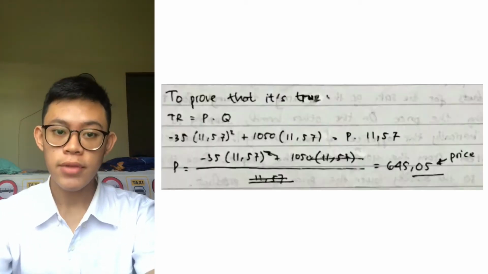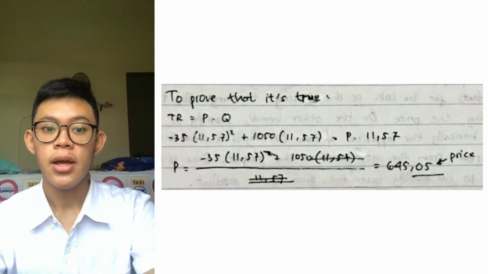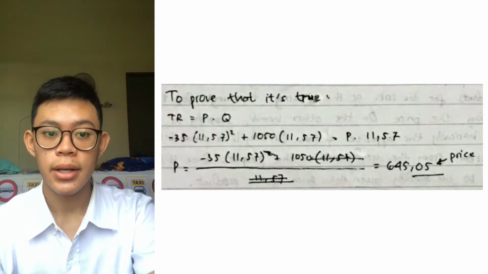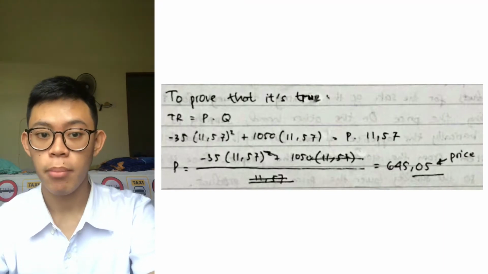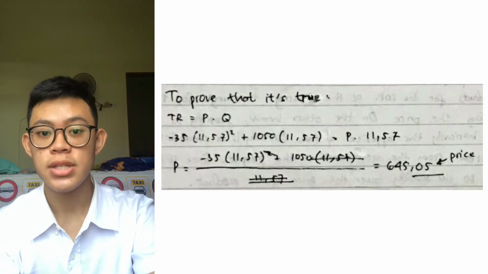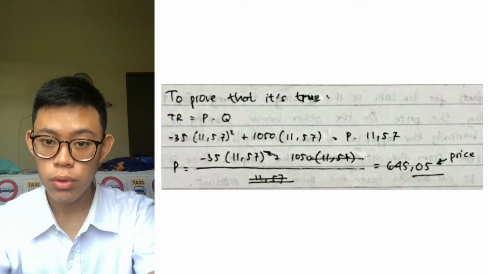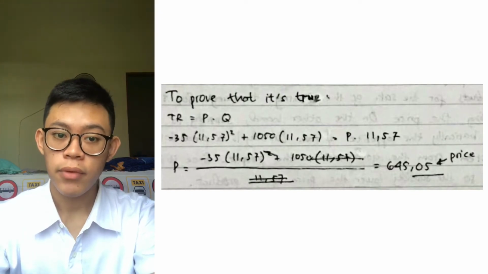After finding the quantity that should be sold, we can also find the maximum profit by putting the quantity into the TR formula. Total revenue equals P, the price, multiplied by Q, the quantity. So TR is negative 35 multiplied by 11.57 to the power of 2 plus 1050 multiplied by 11.57, which equals the price we are looking for multiplied by 11.57.